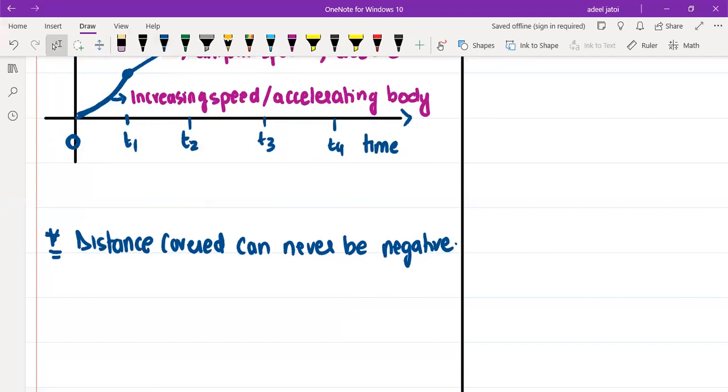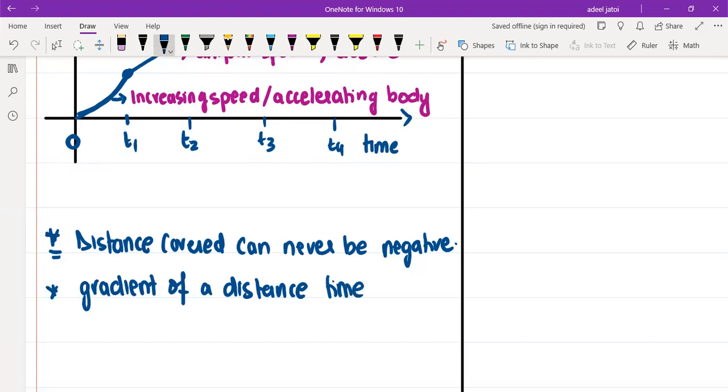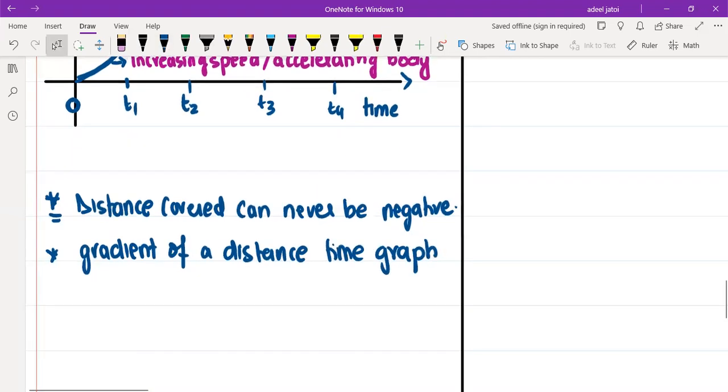Number 2, the gradient of a distance time graph represents speed.